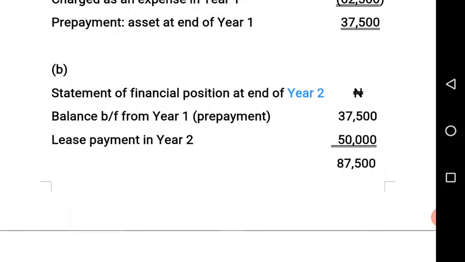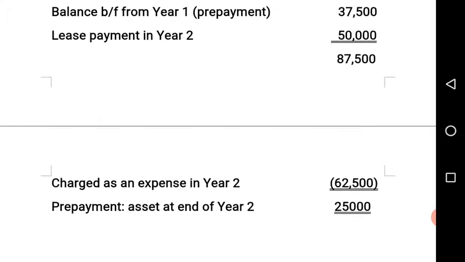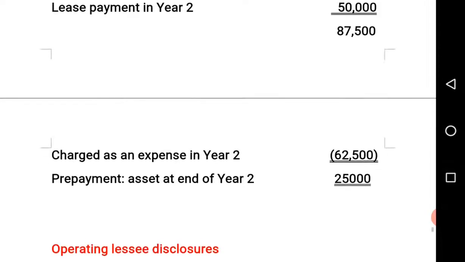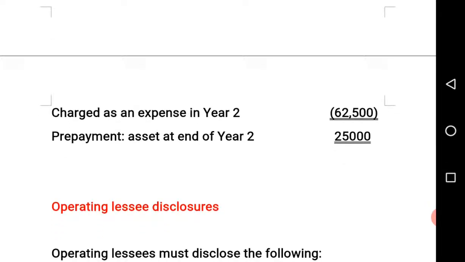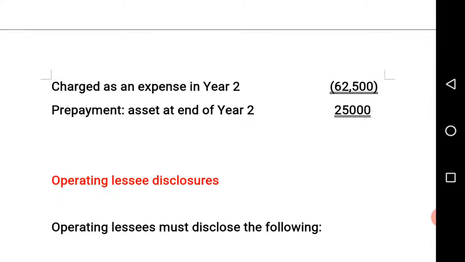That's 50,000 plus our previous prepayment. Then we less the charge for this year, which was supposed to be 62,500. The balance prepayment at year 2 gives us 25,000 naira.